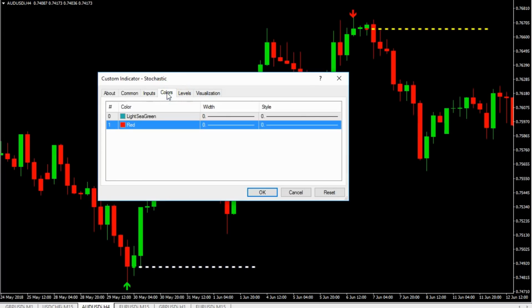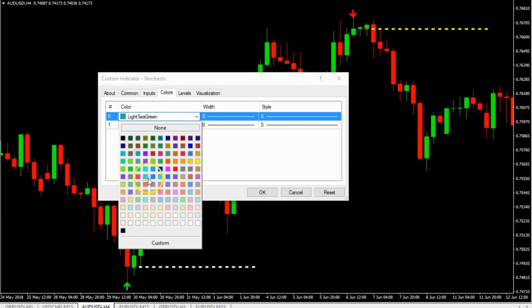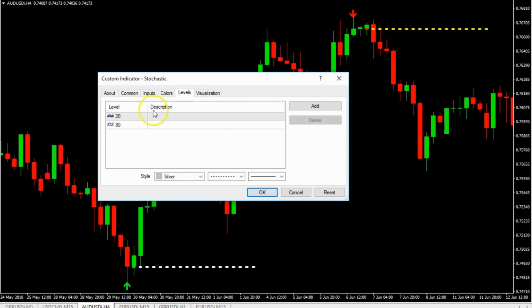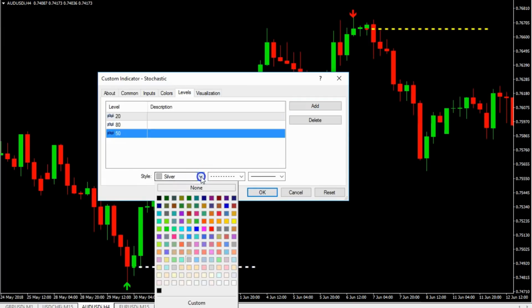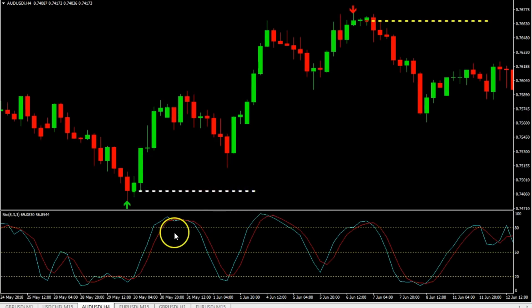Go to colors and you can change the color from light sea green to aqua because it's easily visible on the black background. And then you go to levels, then you apply 3 different levels, level 20, and we need level 50 also in the middle, and change the color to yellow. Okay, there you are. So here is the stochastics.